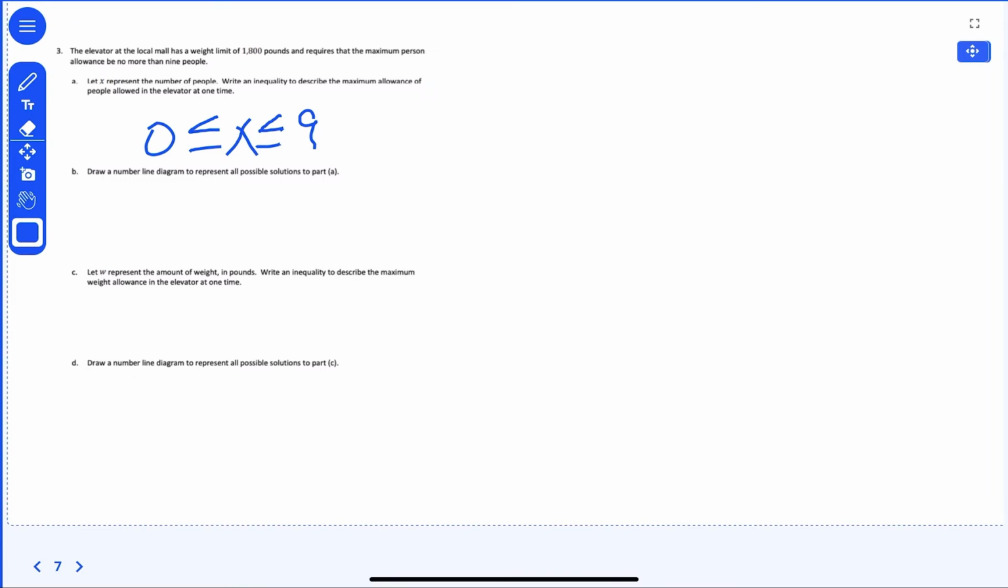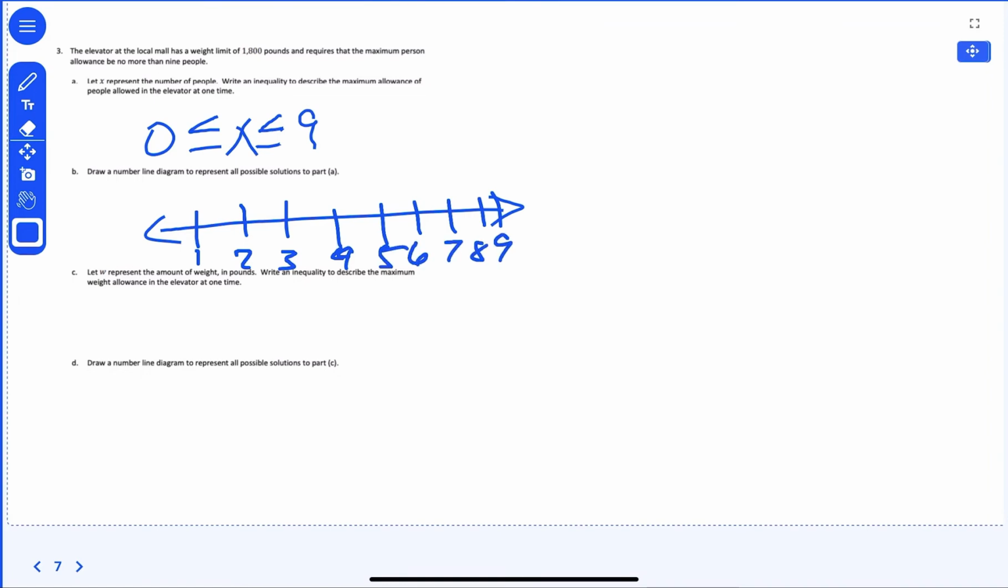Draw a number line diagram to represent all possible solutions. Now, you do need to know how to do this for your test, but this one's tricky. So we would have 1, 2, 3, 4, 5, 6, 7, 8, 9.